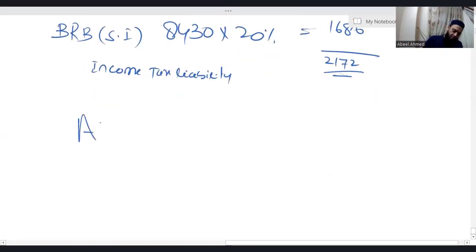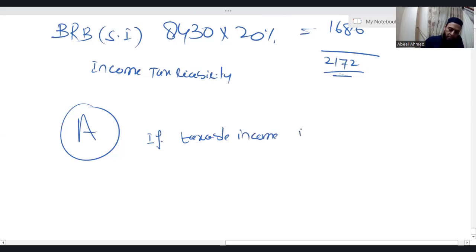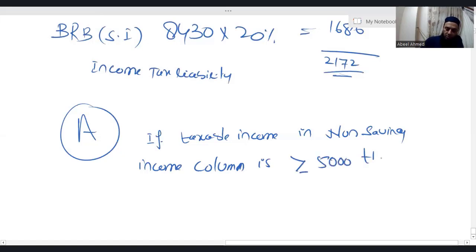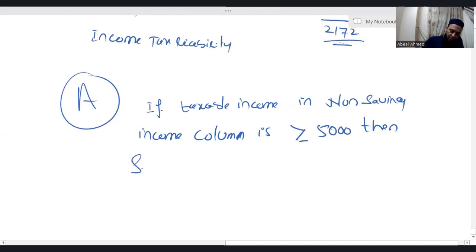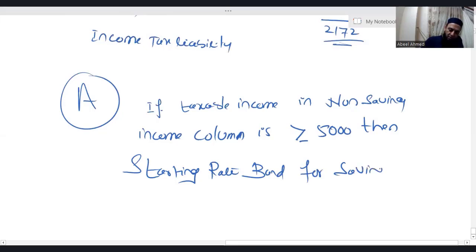Listen, A. If taxable income in the non-saving income column is greater than or equal to 5,000, then starting rate band for saving income is not applicable.